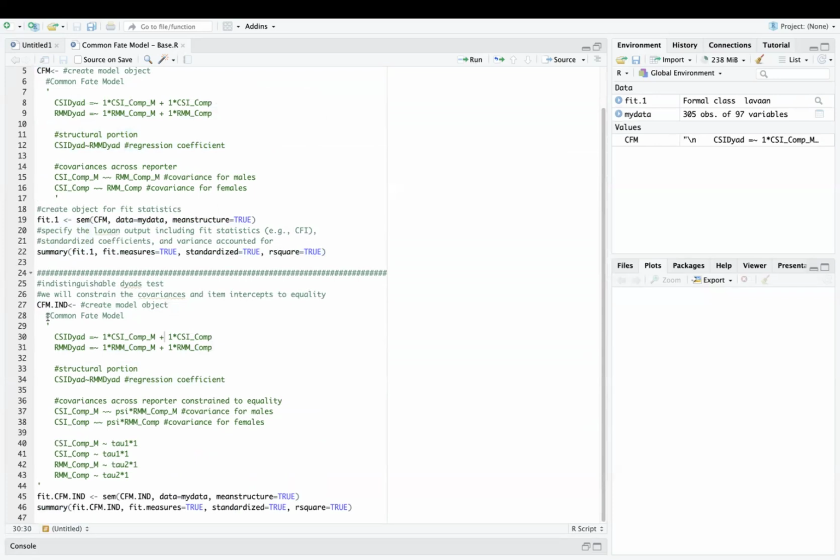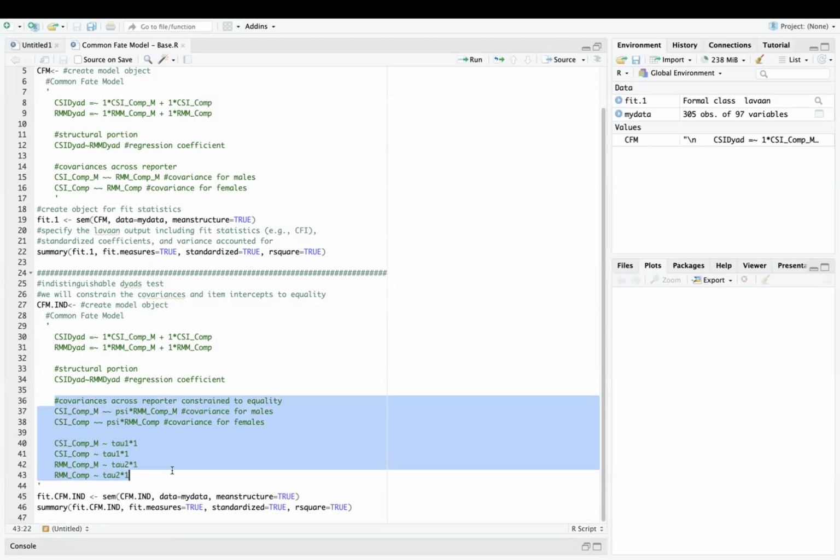The first is you'll see nothing is different in the structural portion of the model; your regression coefficient is the same. In the measurement portion, where you're constraining the factor loadings to be 1 across all your indicators, all of that is identical to the previous model.